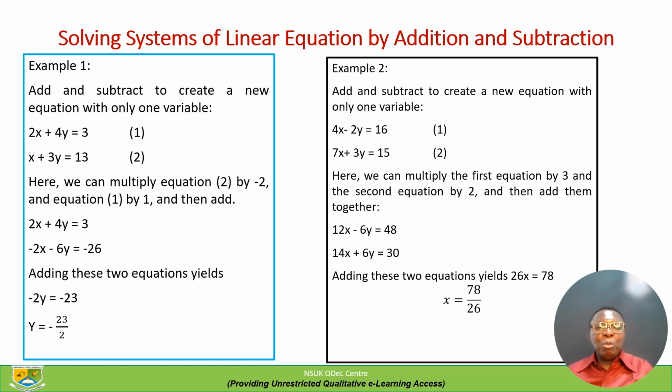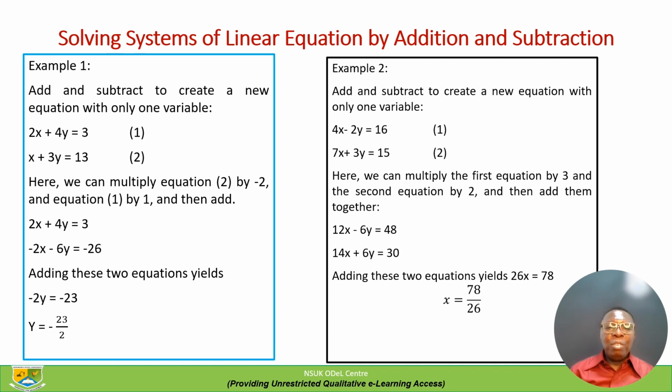This is example 2. Add and subtract to create a new equation with only one variable. So 4x - 2y = 16, equation 1, and 7x + 3y = 15, equation 2. Here we can multiply the first equation by 3 and the second equation by 2 and then add them together.